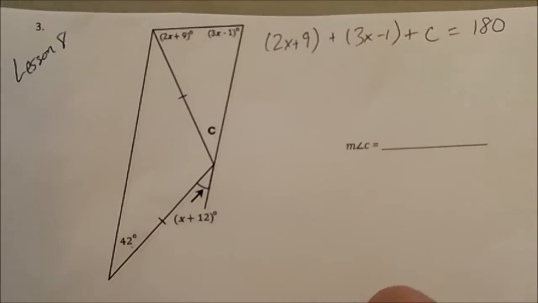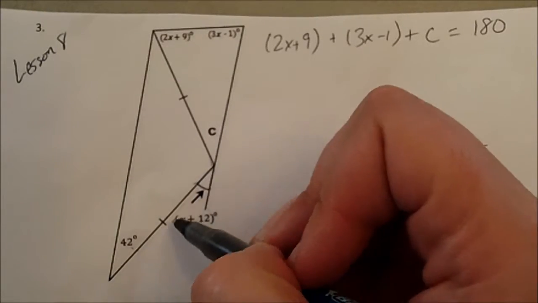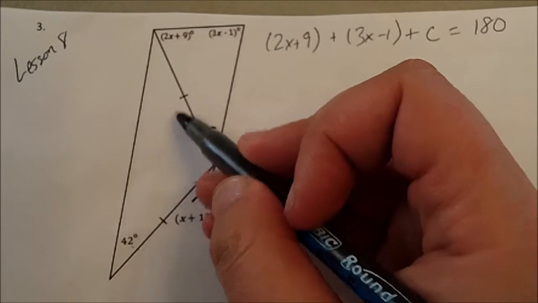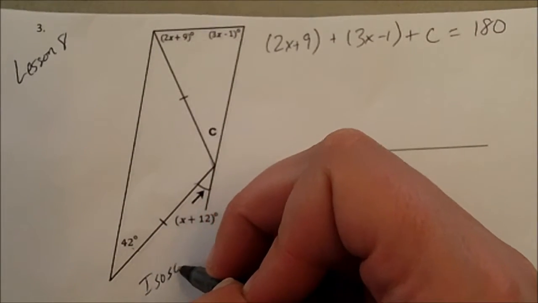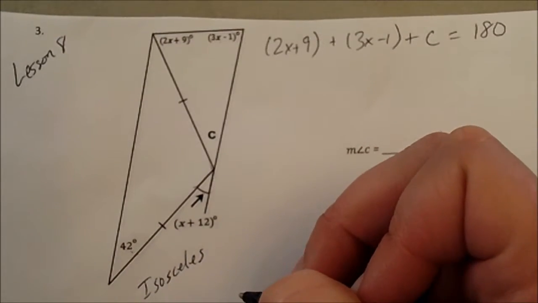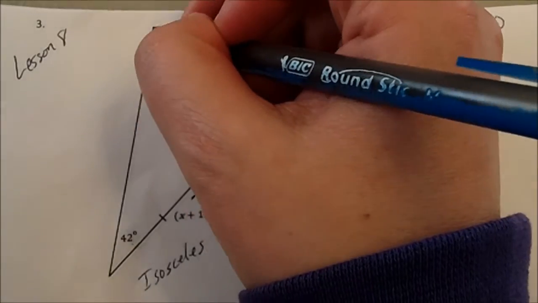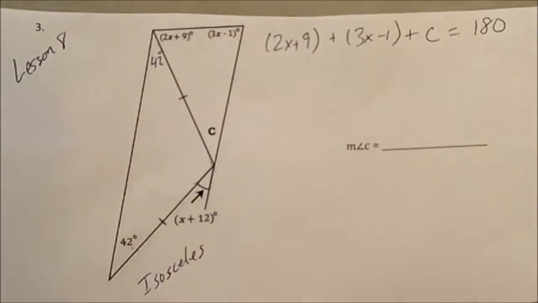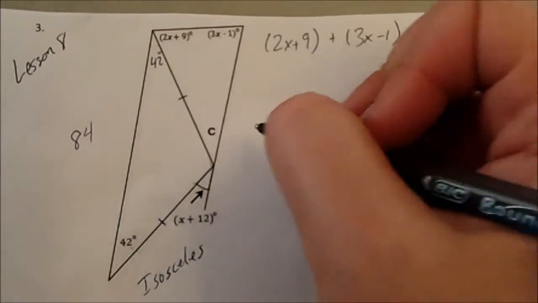And then we actually need to know this angle here, this angle of the triangle. And so how are we going to do that? First of all, we see that these two lines are congruent. So this makes it an isosceles triangle. Hopefully I spelled that correctly. An isosceles triangle, which means that our angle over on the other side here is going to also be 42 degrees. 42 degrees added together is going to be 84.